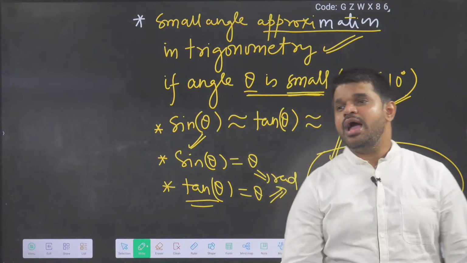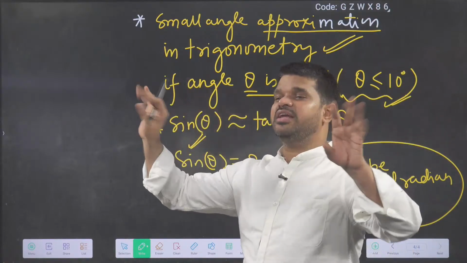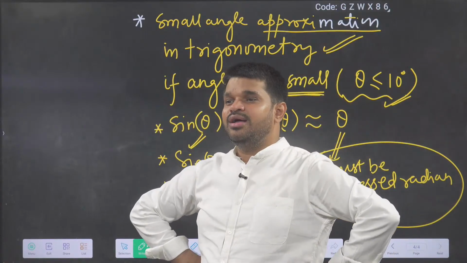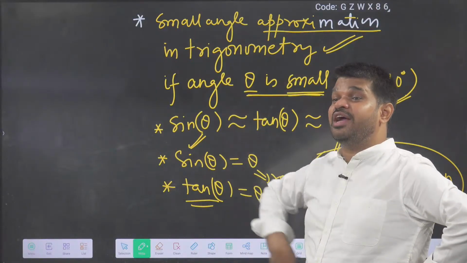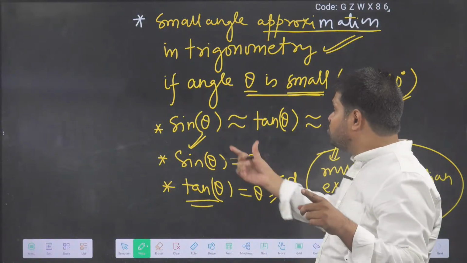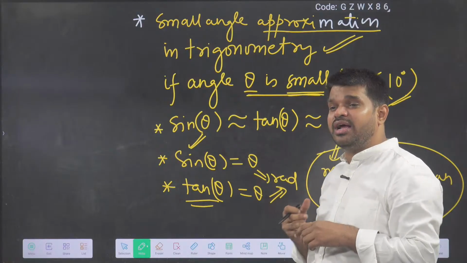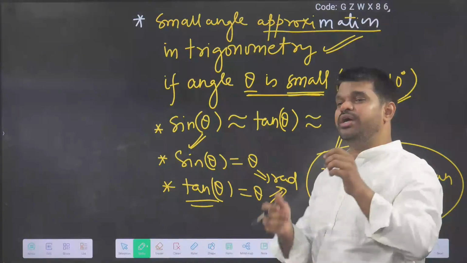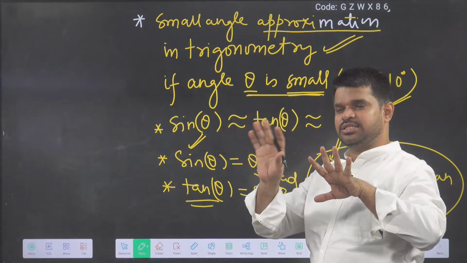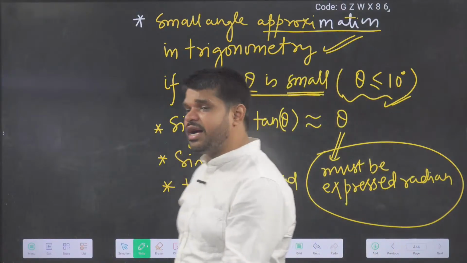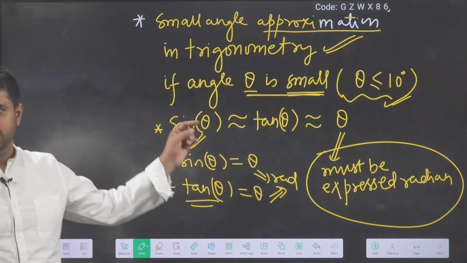Everyone is having internet with you, right? So now using this approximation, I will get you the values of sine and tan for small angles, and you can cross check through the internet. On Google, just search the value of sine of this angle. You confirm whether I am telling correct or incorrect.